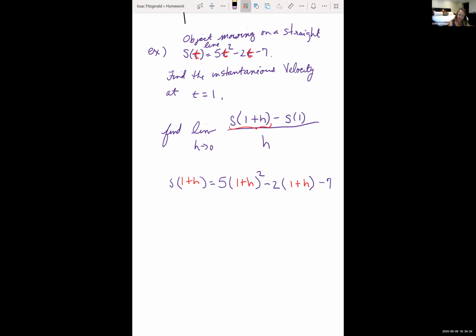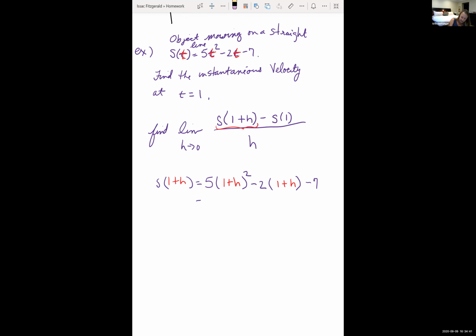So we want to simplify this down. It's easier if we do that now instead of later. And so let's figure out what 1 plus h times 1 plus h is. So rewriting this, I have 5 times the quantity 1 plus h times 1 plus h. At the same time, I'm going to simplify over here.